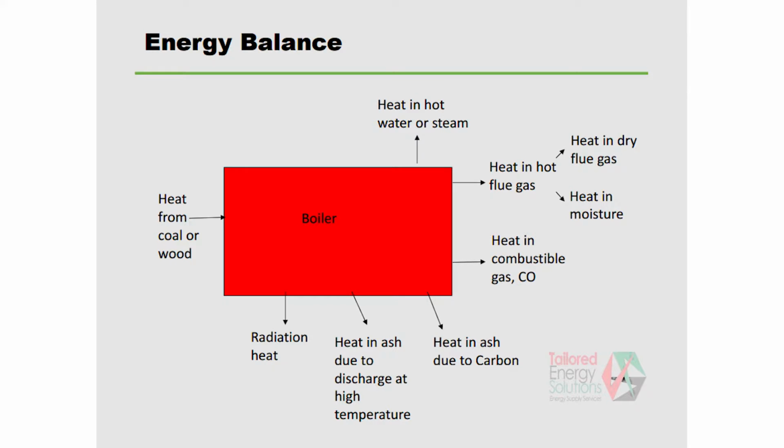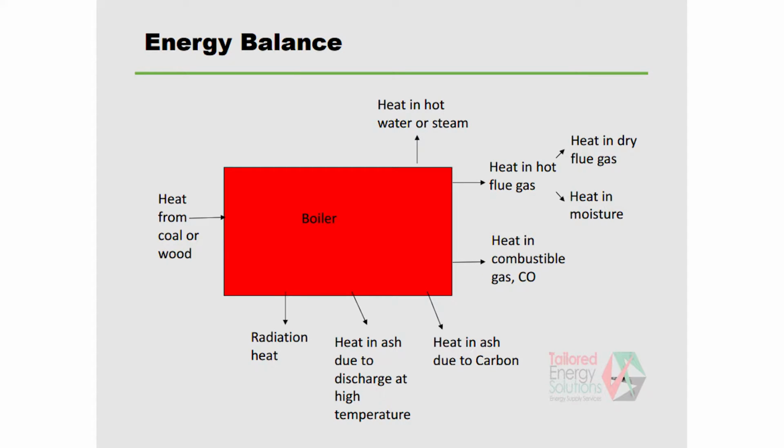So if we do an energy balance for the boiler, the same boiler again, the only heat input is from wood, from coal, that's from fuel, okay? But for the energy output, we have the heat associated with the water or steam.